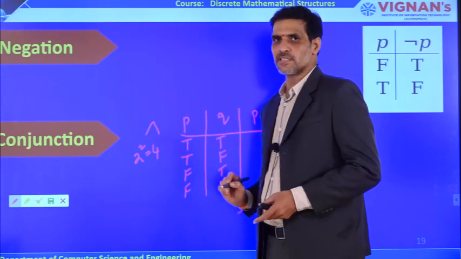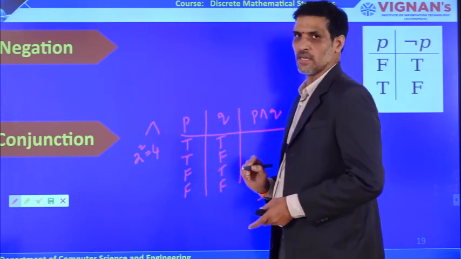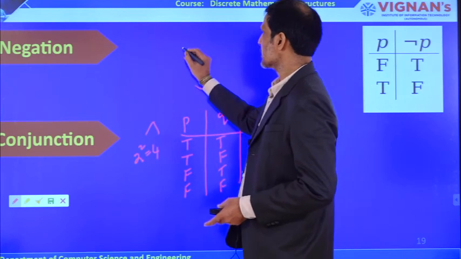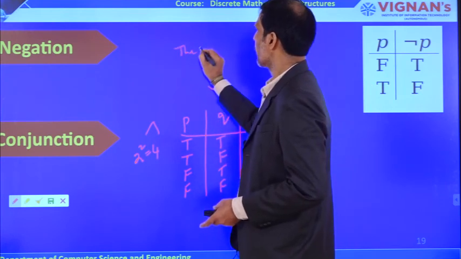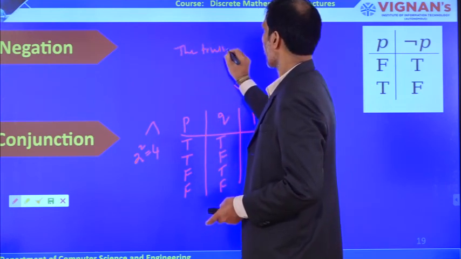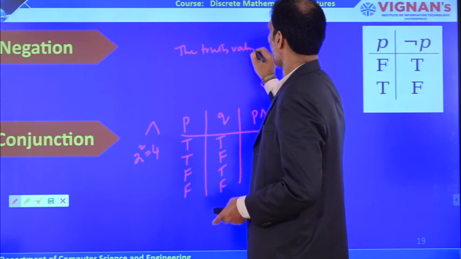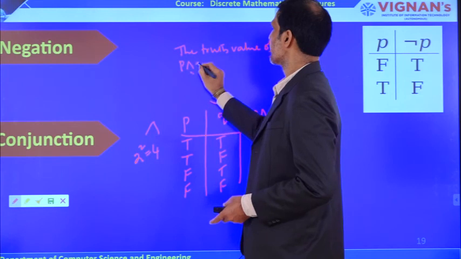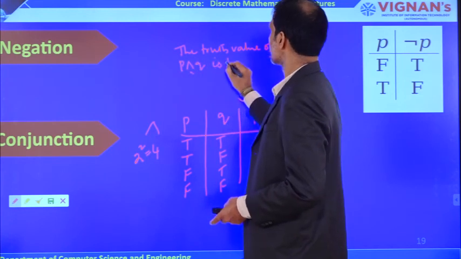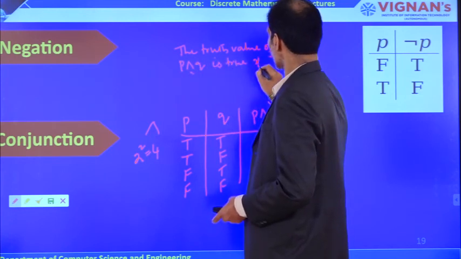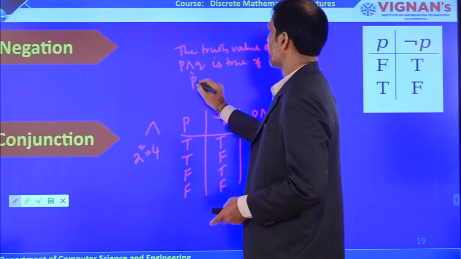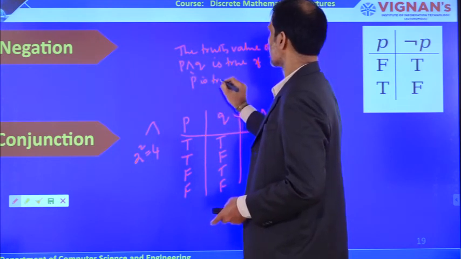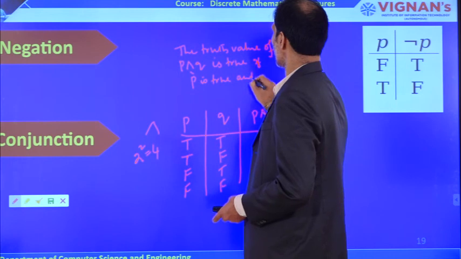Now what does conjunction tell us? Conjunction tells us that the truth value of P and Q is true if P is true and Q is true.